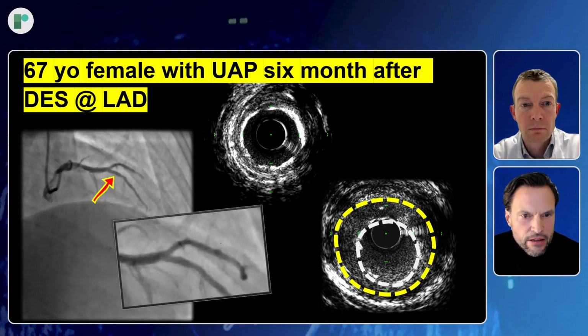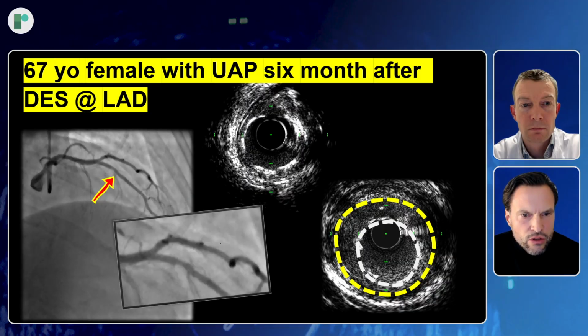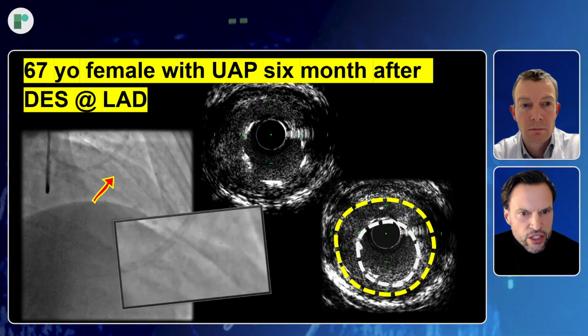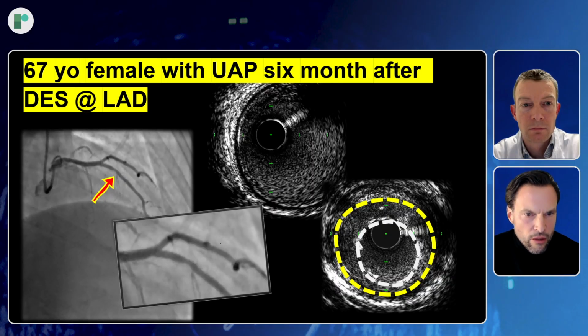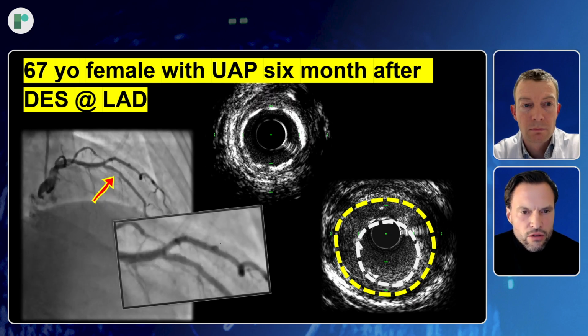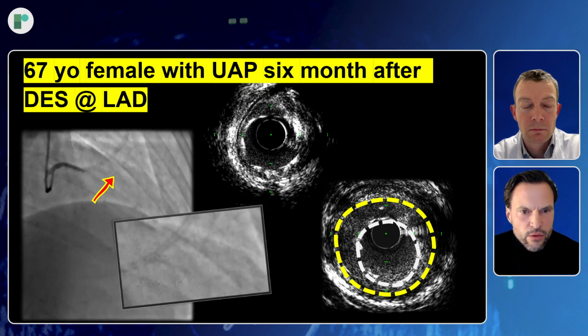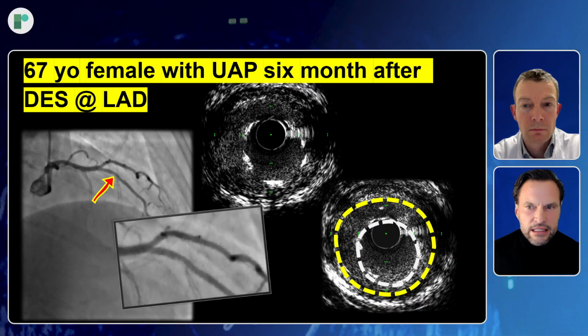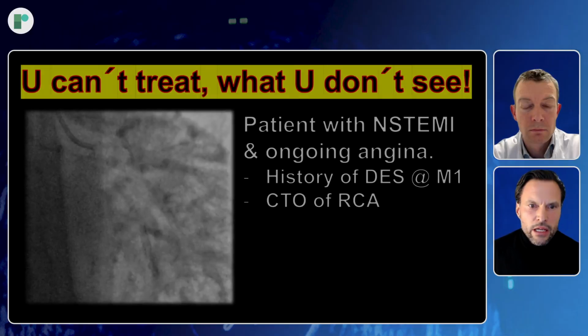So I think we should maybe think about defining every pre-treated patient with symptoms as a complex patient, because without intravascular imaging, you don't really understand what's going on in a patient where there is already a stent in place, and there seems to be a problem with this stent.